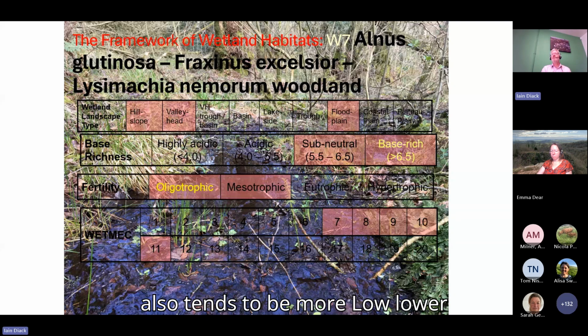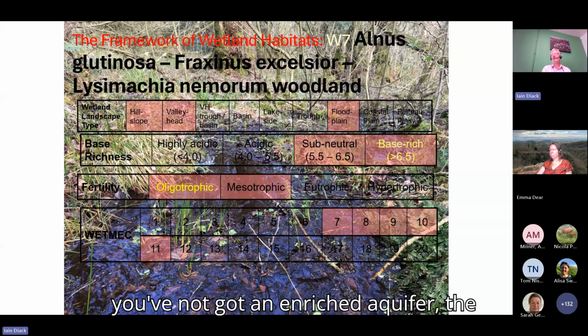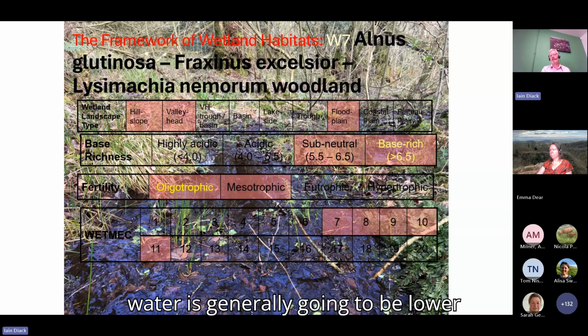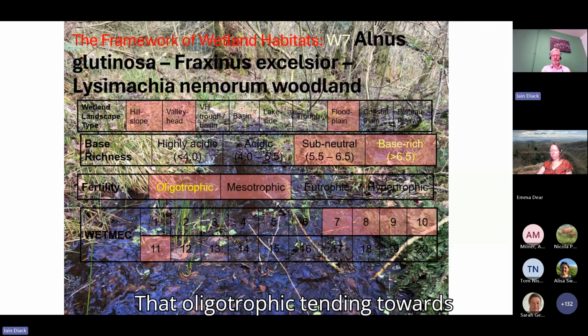It also tends to be lower nutrient, which is largely driven by the water supply coming out of aquifers. So as long as you've not got an enriched aquifer, the water is generally going to be lower nutrient. They're oligotrophic, tending towards mesotrophic.